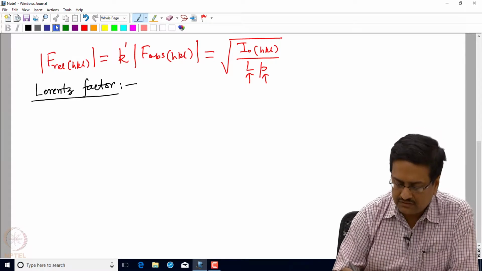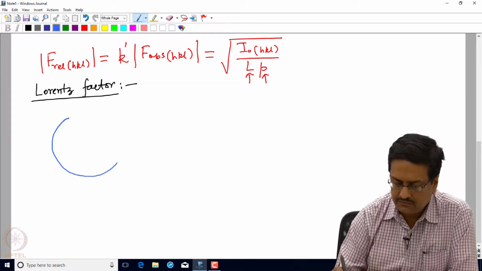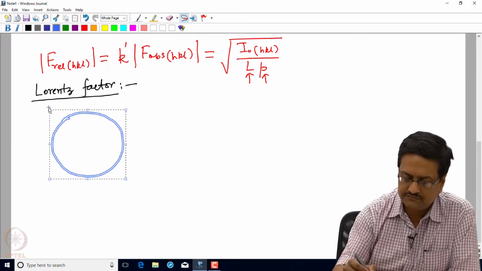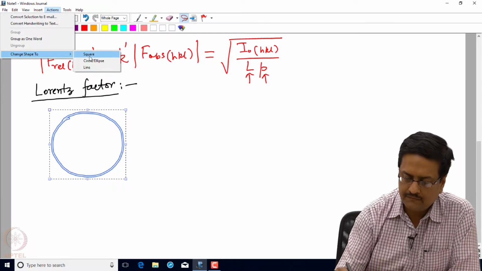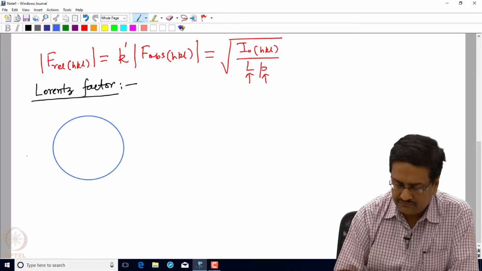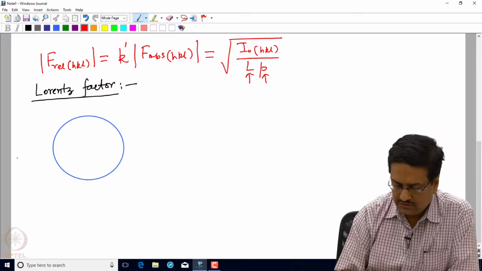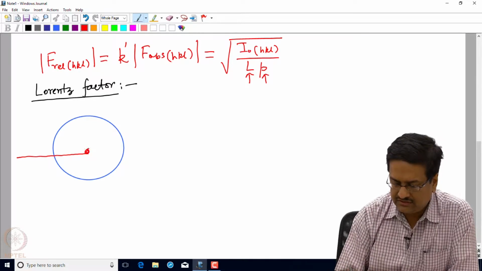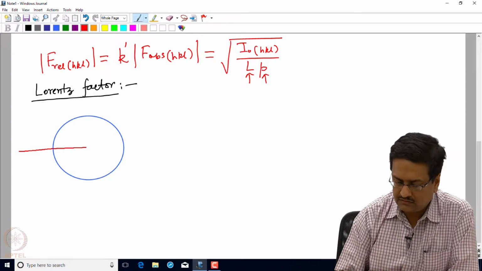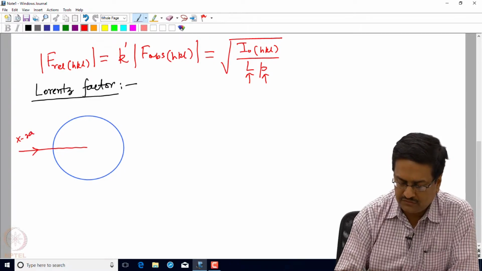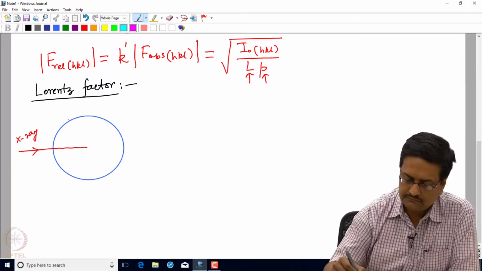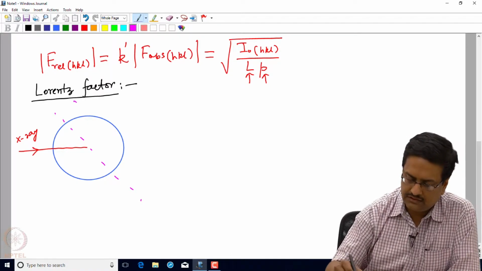What we know is that if this represents the Ewald sphere, and we have the incident X-ray beam coming from this direction and meeting the crystal, we have reciprocal lattice points like that.